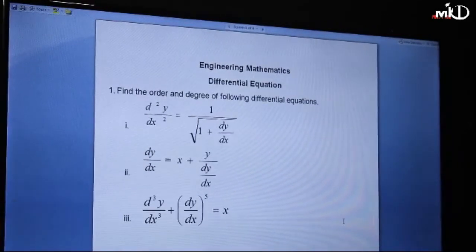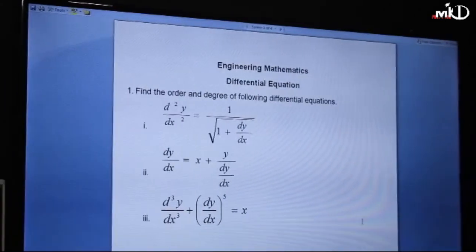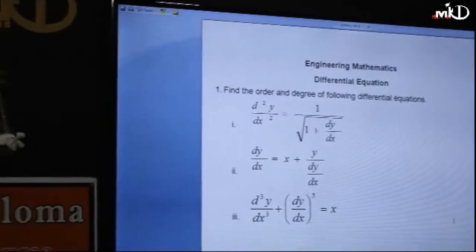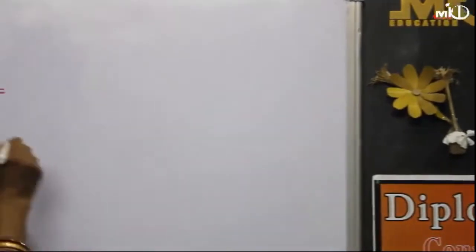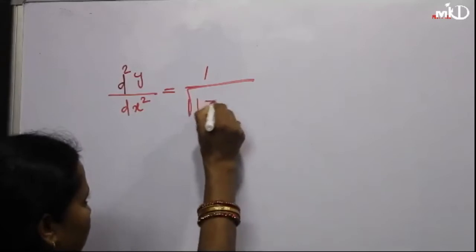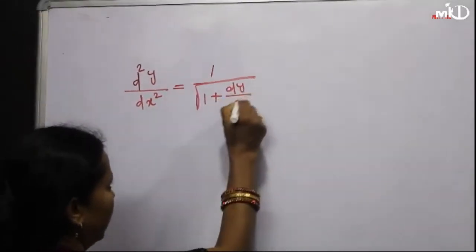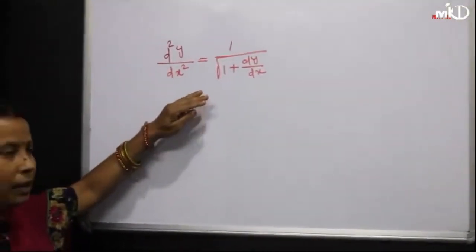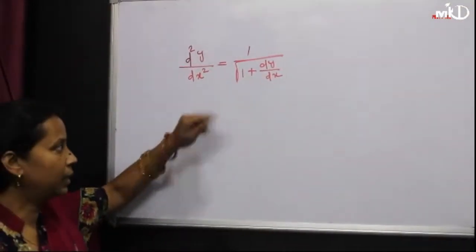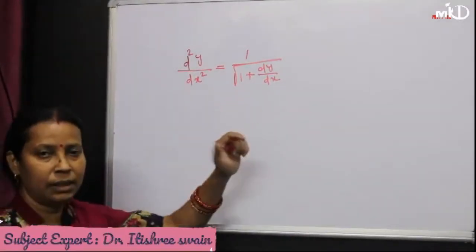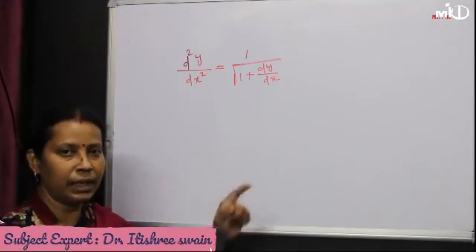See the first question: d square y by dx square is equal to 1 by root over of 1 plus dy by dx. Now friends, whenever you find the order and degree, you have to standardize this equation, because the degree is defined as the integral power.